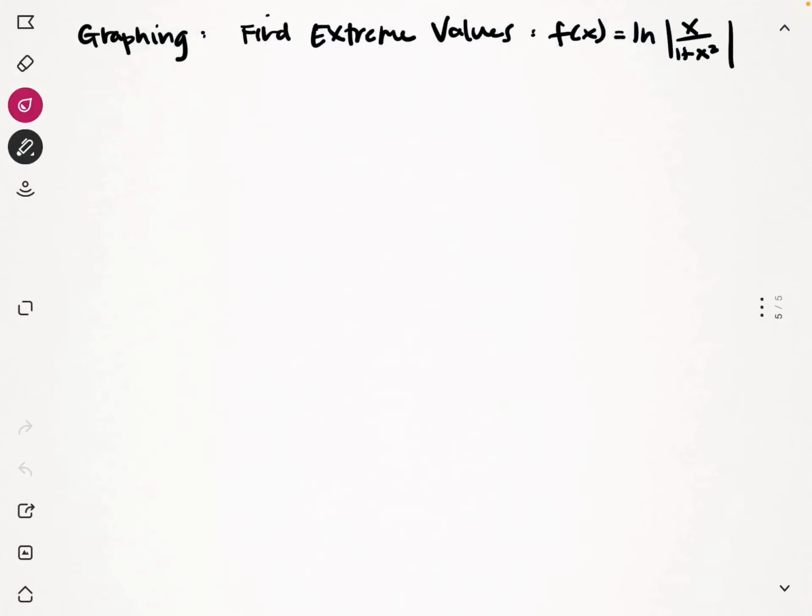Okay, on the last one, this one we're doing graphing, so it says find extreme values of f of x equals ln absolute value x divided by 1 plus x squared. All right, so let's go to my strange rig up that I got here.